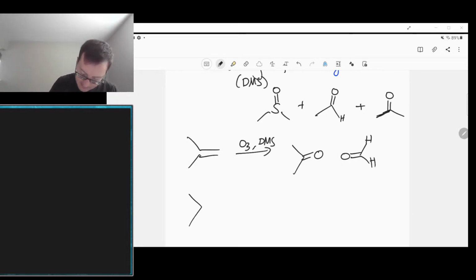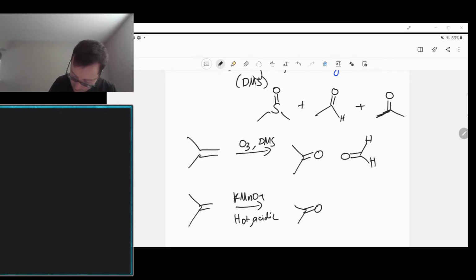If you take that same alkene and treat it with the KMnO4 that's hot and acidic, you end up with carbon dioxide. You're going to end up oxidizing it to carbonate or carbonic acid, which will then dissociate.